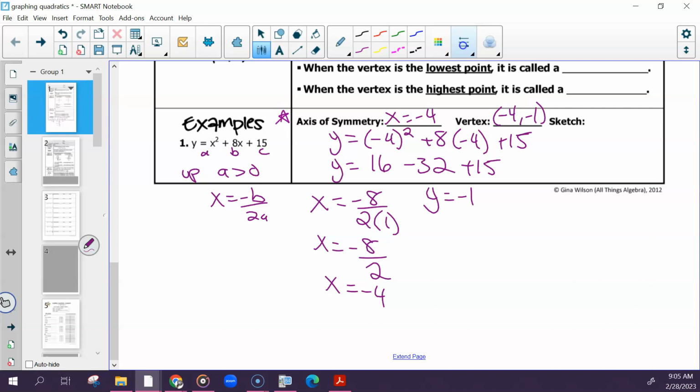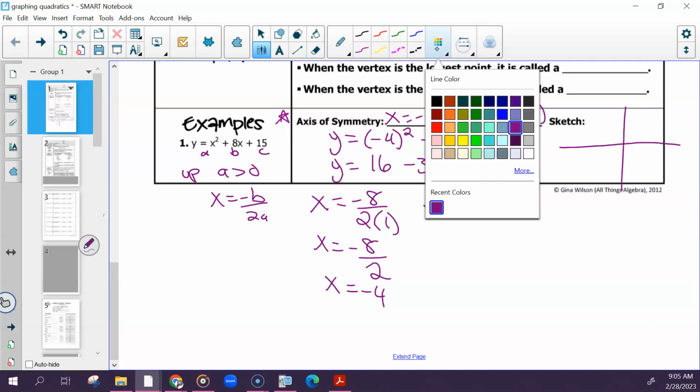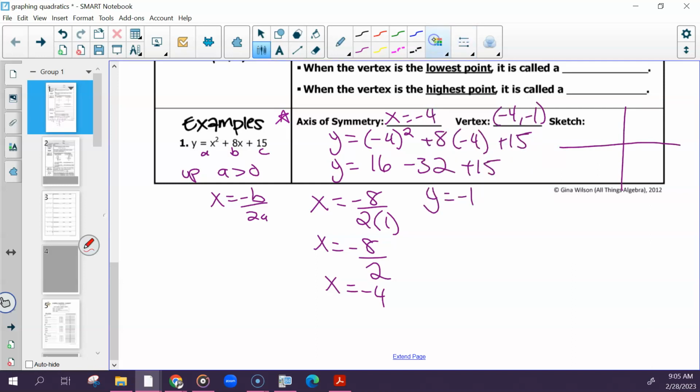So what you could do is draw your X and Y axis. It doesn't have to be perfect, but if you want rulers, they're right there. We know it's going to face up. We know our vertex is at -4, so let's plot that. Draw a line, I would make it dotted, through that point.